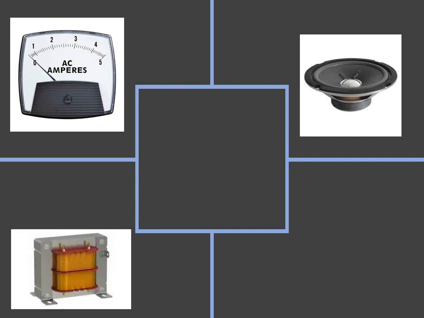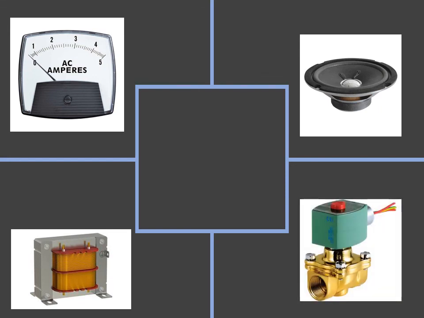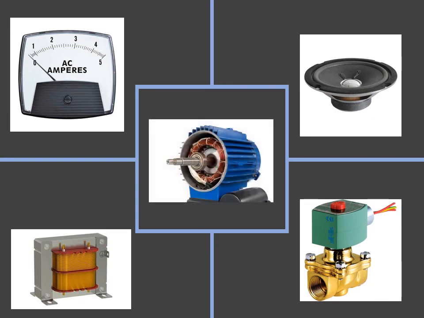Transformers, which allow us to change voltage. Solenoids, which allow us to turn on and off fluids, air, pneumatics, and other things remotely. And motors and generators. It's hard to imagine what life would be without electromagnetism and the devices we've created from it.